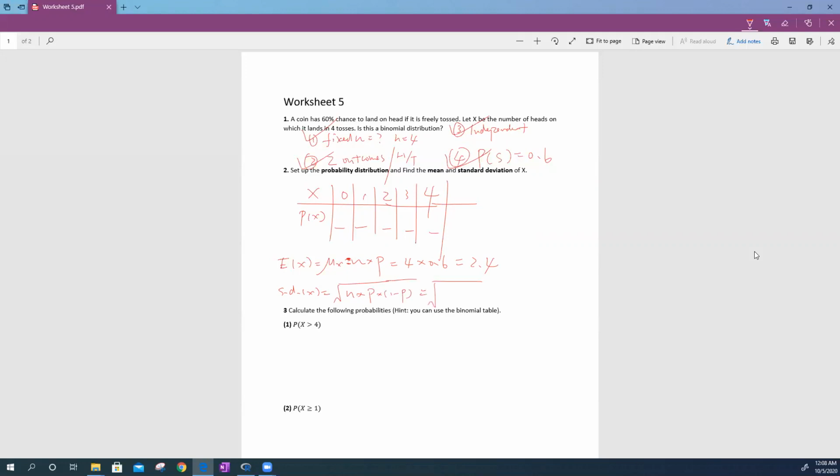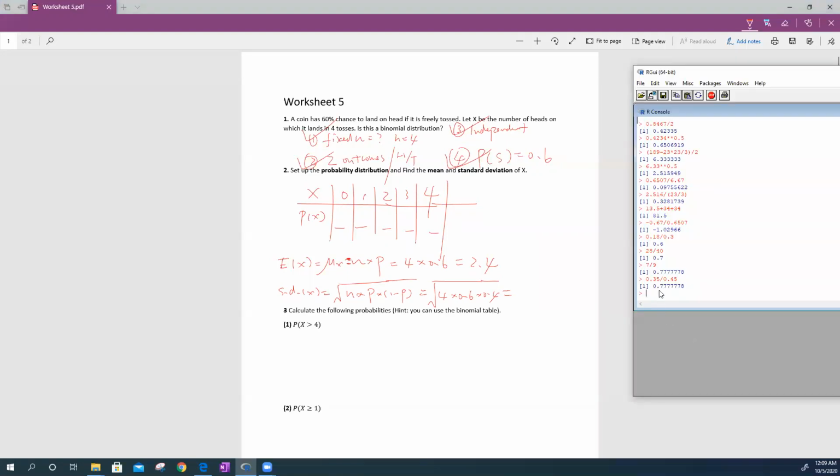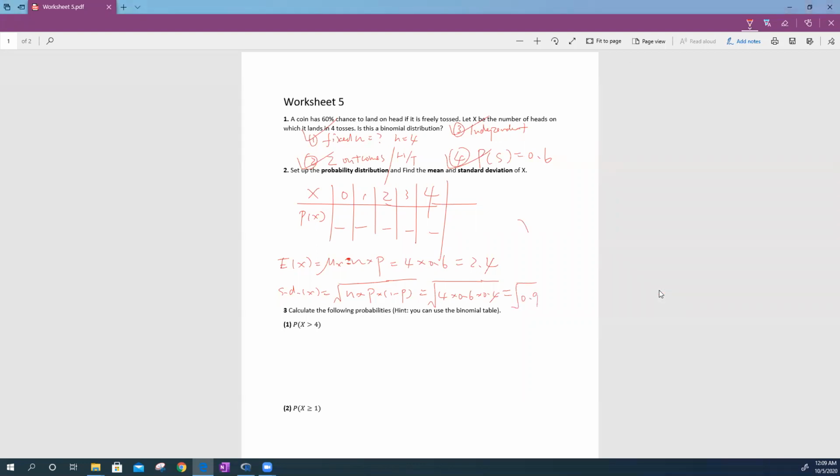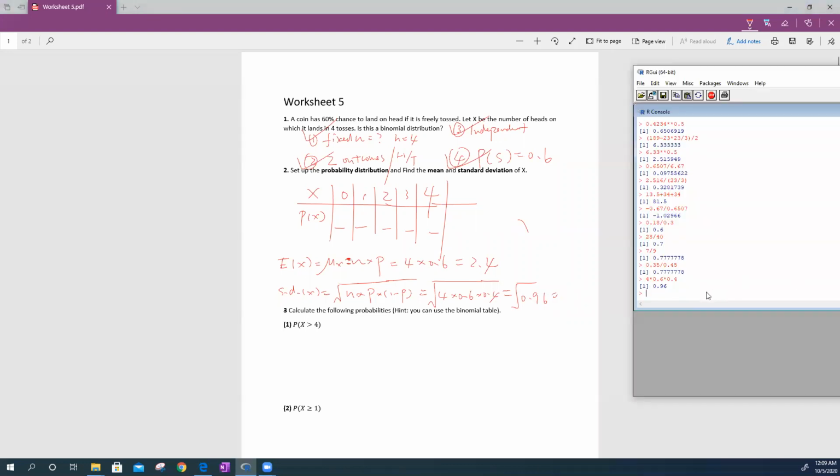The square root of 4 times 0.6 times 0.4. So that gives us square root of 0.96. So that is 0.9798.